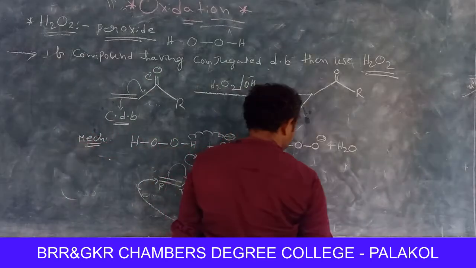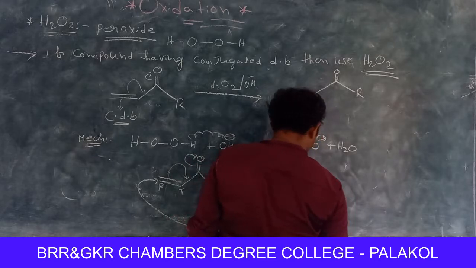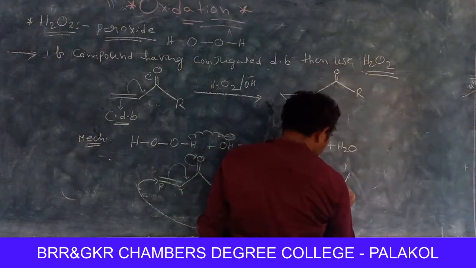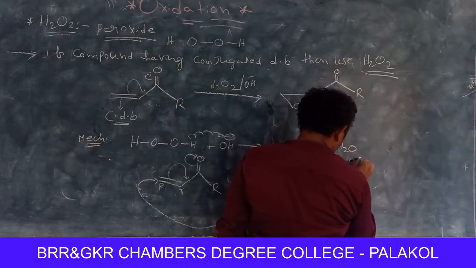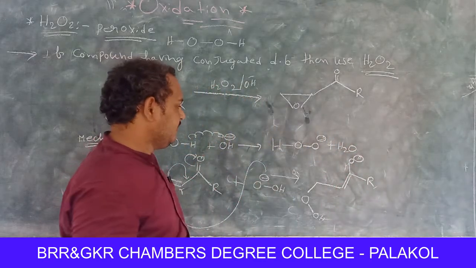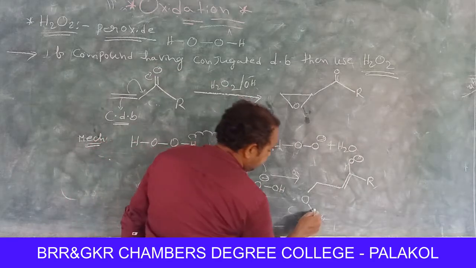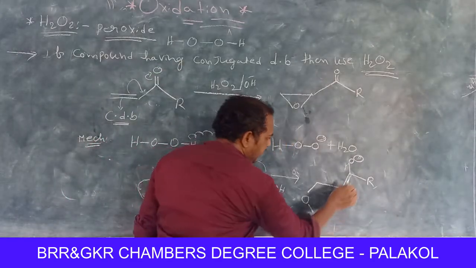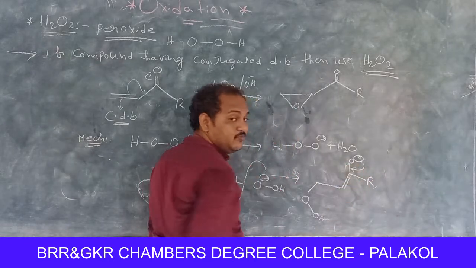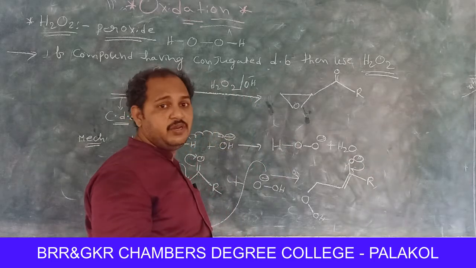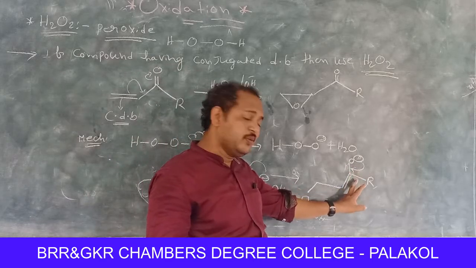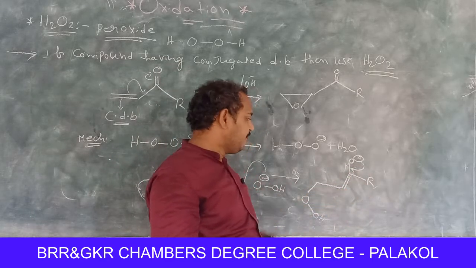Then we get the double bond here and OOH here, and O minus here, and R. In the next step, O minus is again reconverted to C=O. This is an enolate anion. Enolate anions are always unstable, I already told you in so many classes. So the enolate anion is reconverted to the keto form.